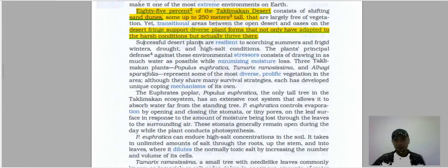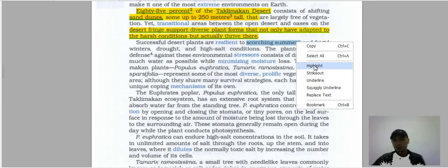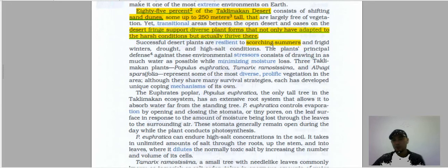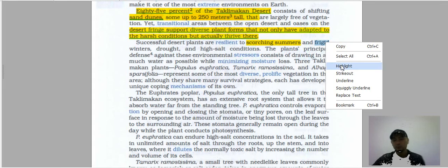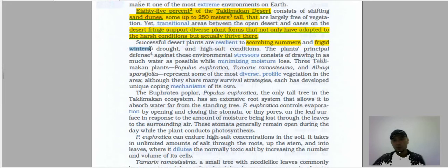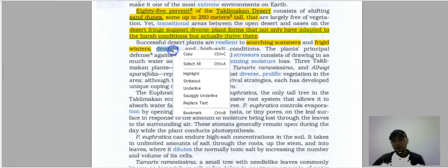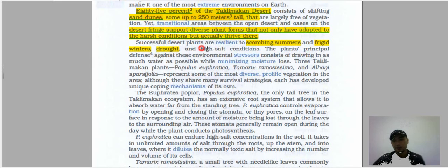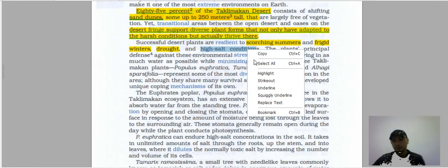Successful desert plants are resilient to scorching summer. You know, scorching summer, scorching that means boiling, very hot, and the frigid winters and dry, high salt conditions.